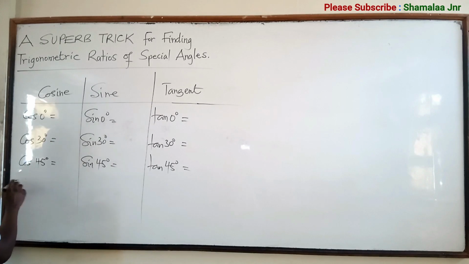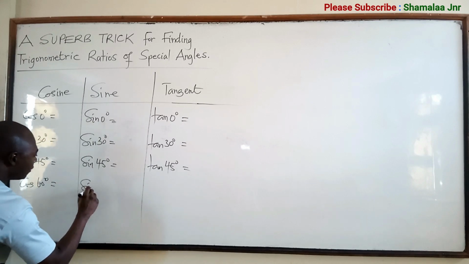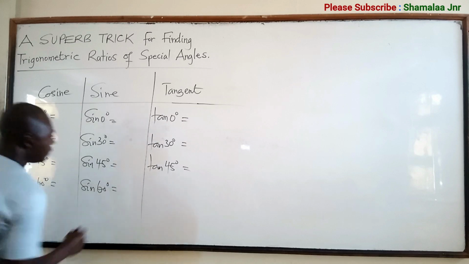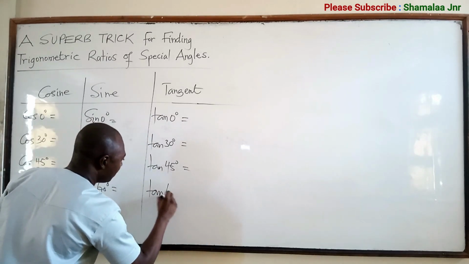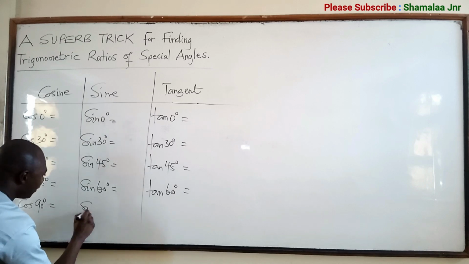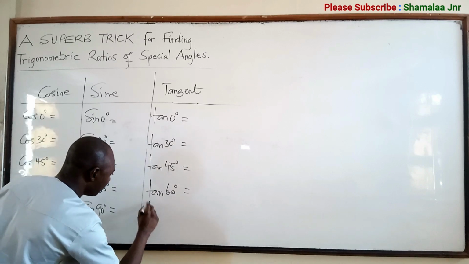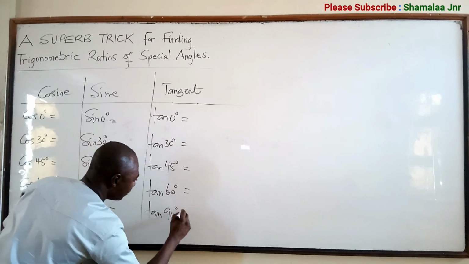And then we also have cos 60 degrees, sine 60 degrees, tan 60 degrees. And lastly, I want us to look at cos 90 degrees, then sine 90 degrees, and then finally tan 90 degrees.